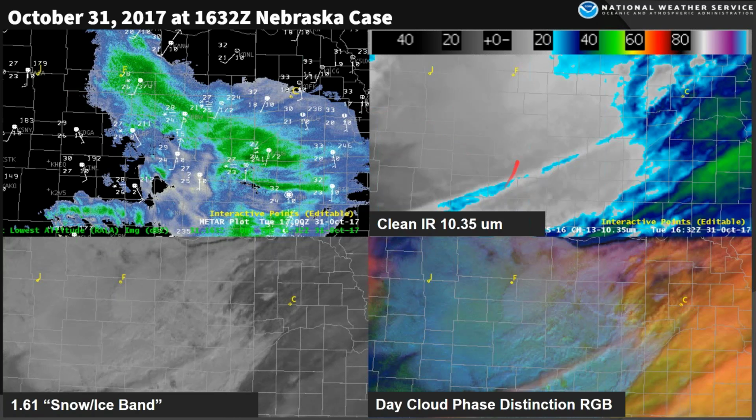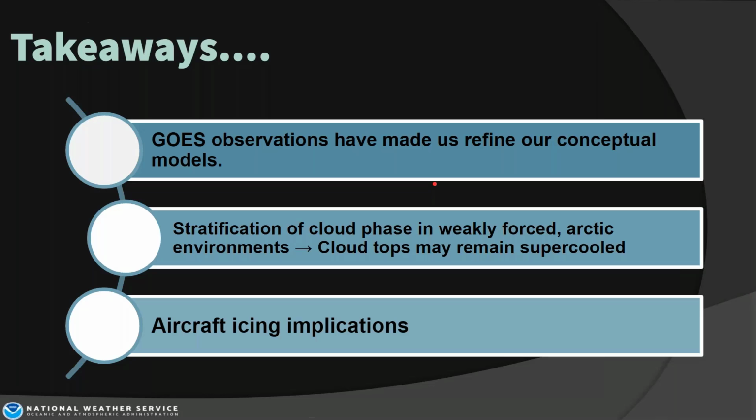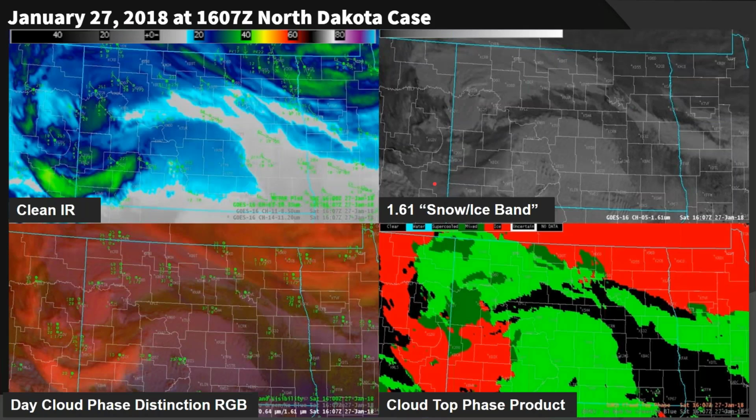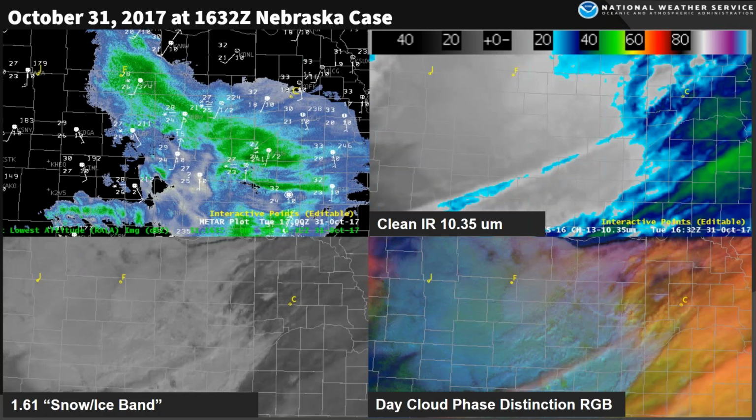That one, I can't remember. The first two were kind of a flurry situation, just light snow for these. I think it was not a big deal. This one I'm not sure about. This was Phil's case, and I don't recall if that was a transient band or if it stayed put a little bit more. So I can't give you the answer on that one.